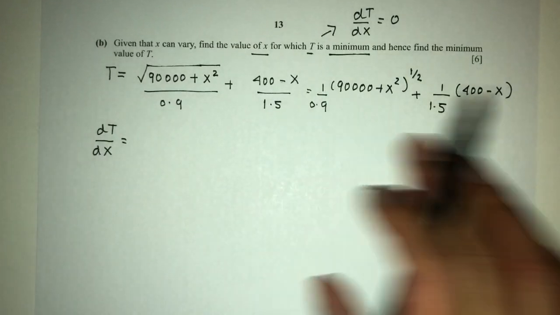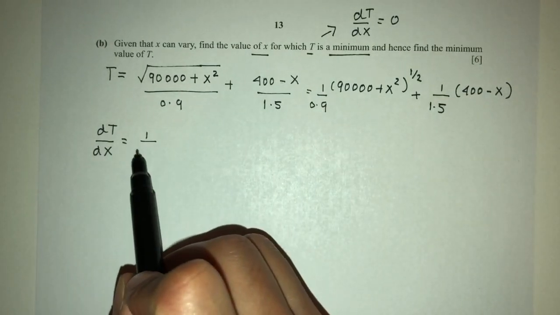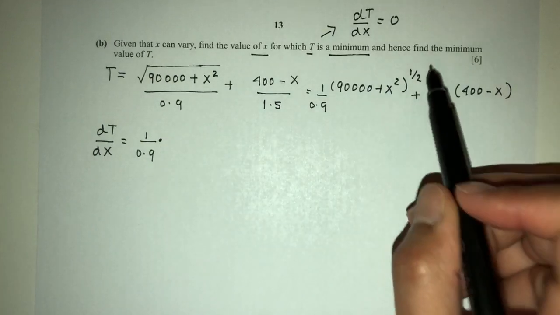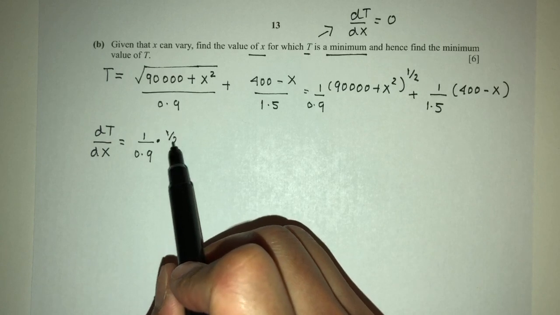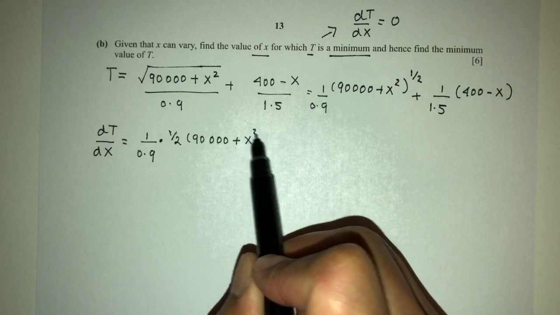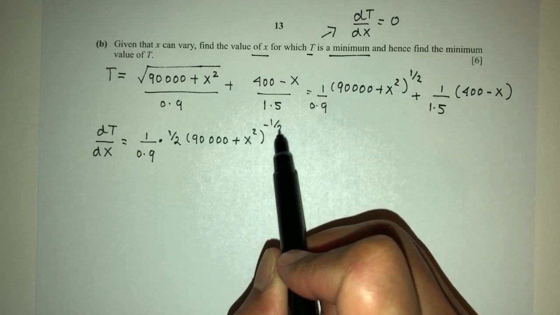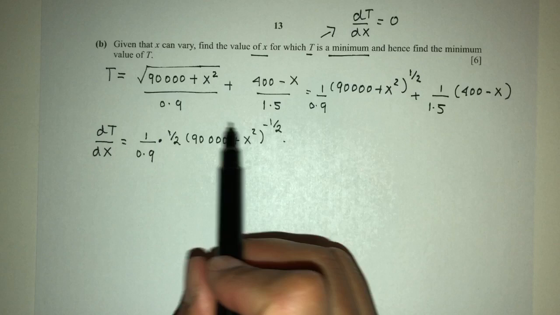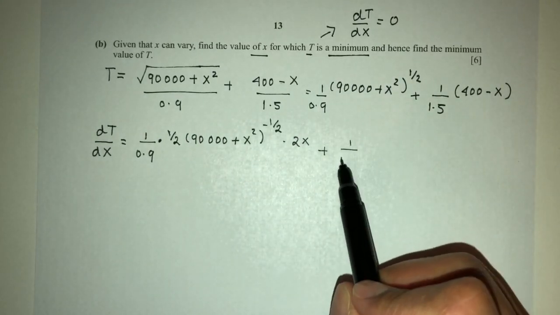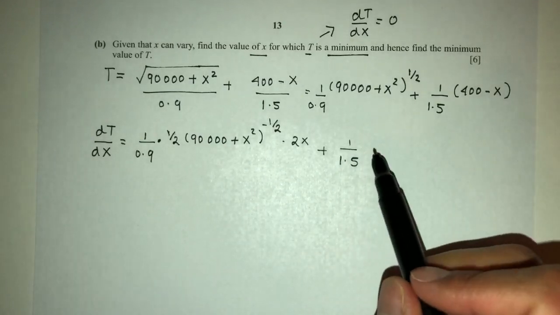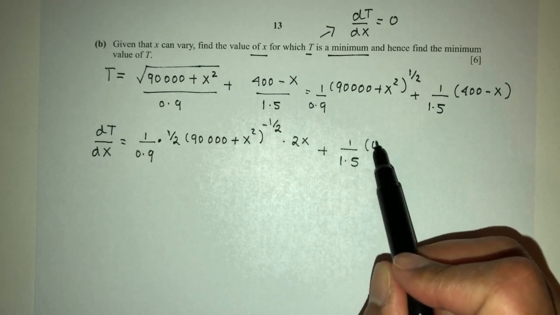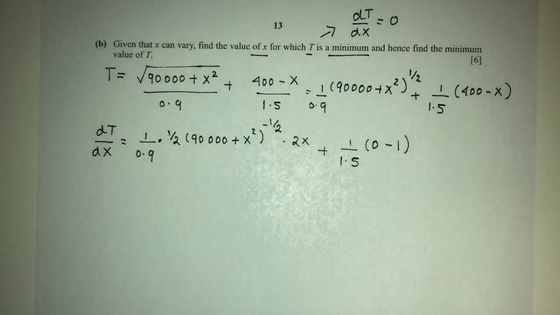So d by dx of this term, the multiple remains the same, and we first multiply by the power, and then the inside stays the same. Power minus 1 will be minus half. Then multiply by d by dx of the inside, which gives 2x. Same thing here, the multiple stays, and then we differentiate the inside. That will be 0 minus 1, right?